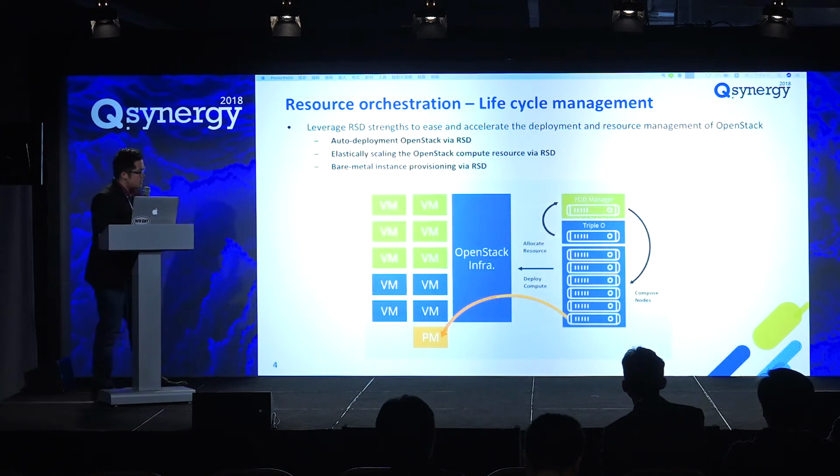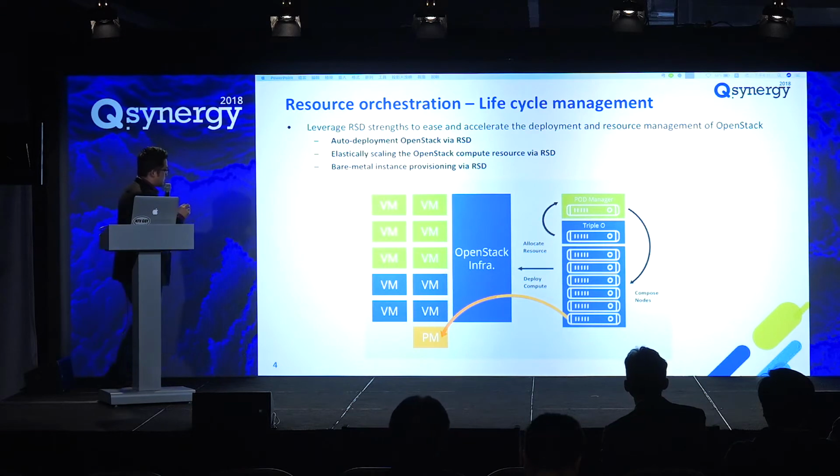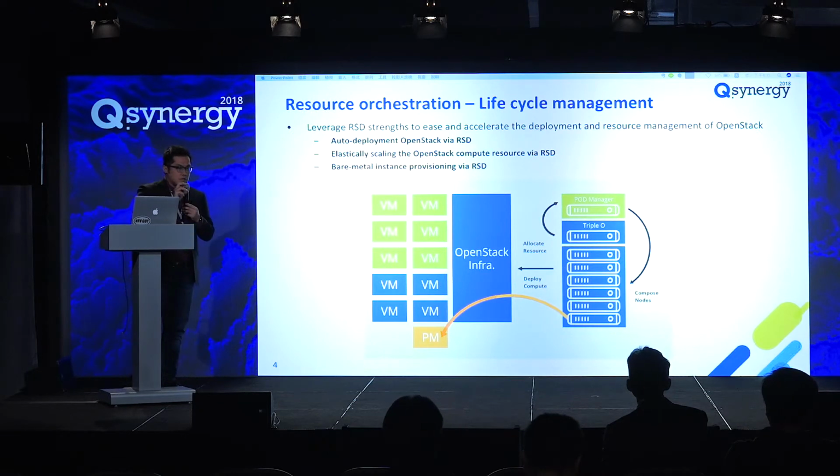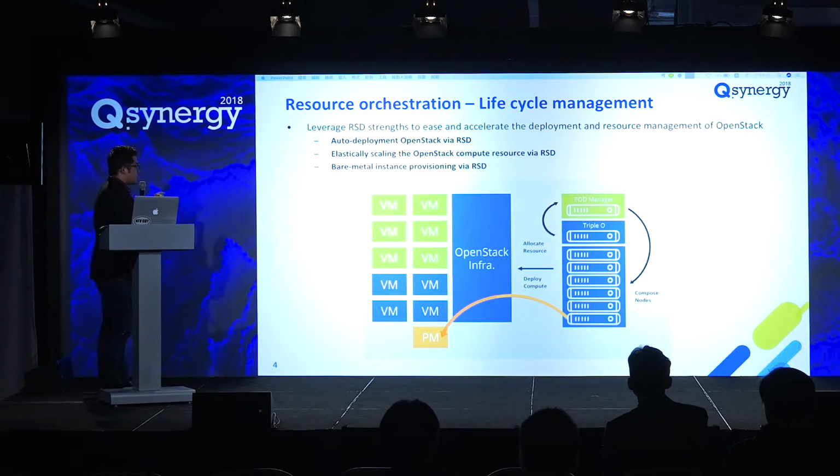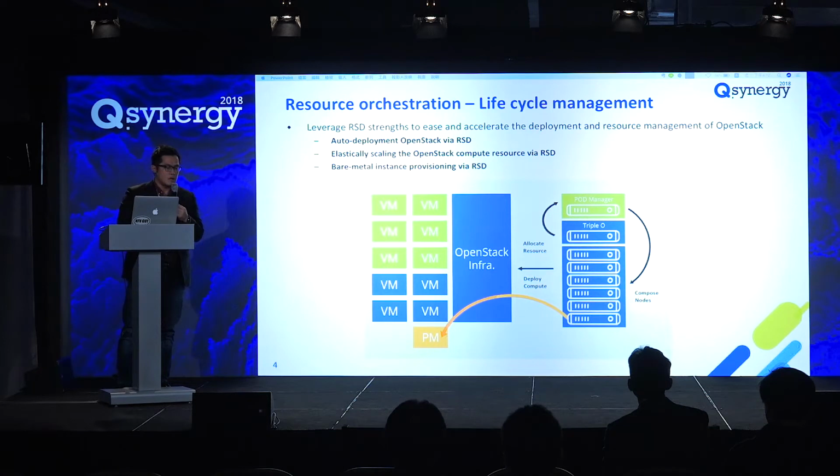For the first one, we are taking the open source OpenStack, and we take the component called O, and we revise it and implement it into the Red Hat OpenStack, and connect with the RSD. By doing so, we can have auto-deployment of OpenStack via RSD, and also we can create bare metal environments. We can create the VM environments by using RSD.